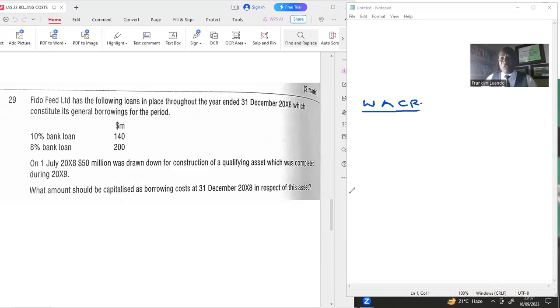The first thing that you do is to find the total amounts of loans. So we have total loans to be 140 million plus 200. This will be 340.